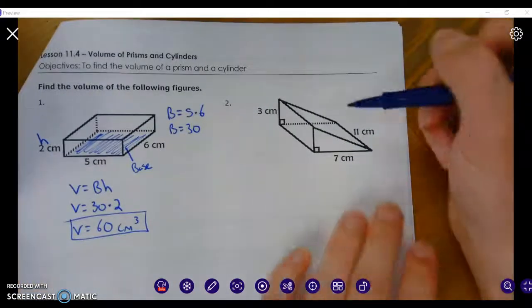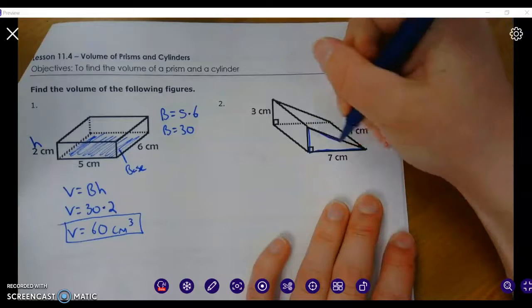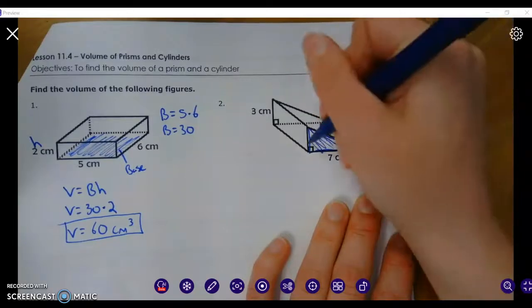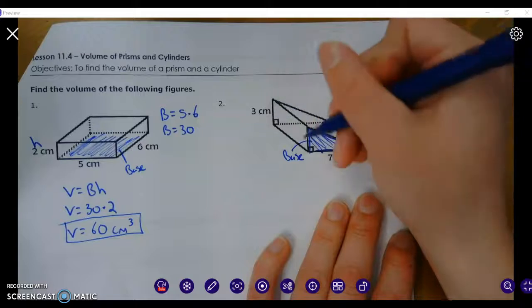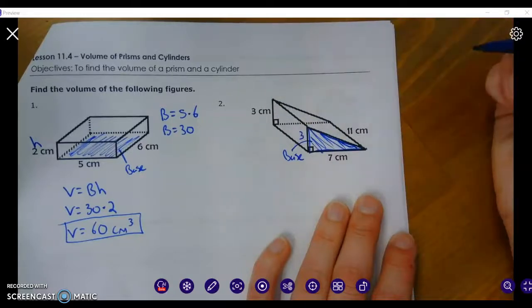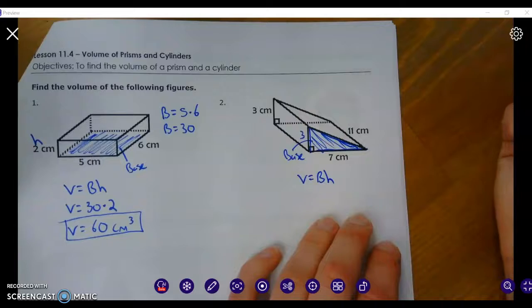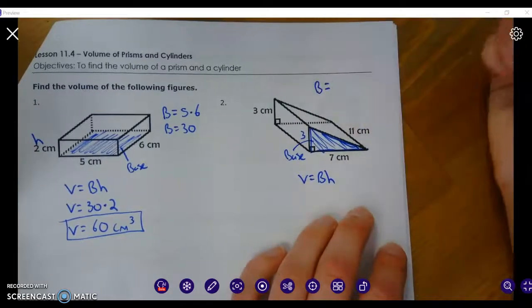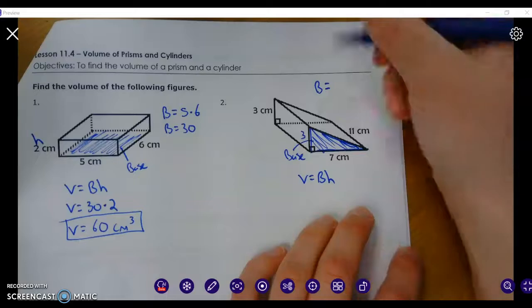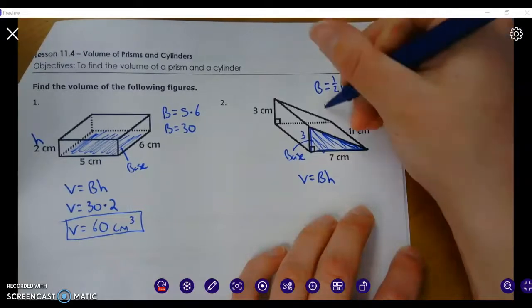Okay, next we have a triangular prism. And so my base is going to be this triangle. I'm going to copy this 3 centimeters over here. Okay, so our formula is the same, base times height, or area of a base times the height. So since our base is a triangle, we do 1/2, and then our 2 side lengths, 3 and 7.